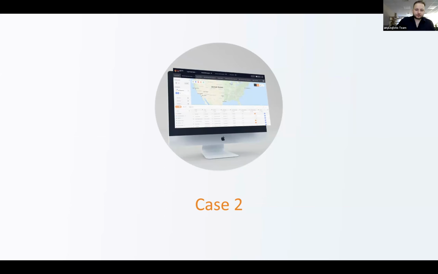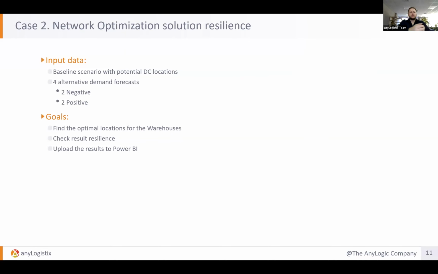In the next practice exercise, we'll consider a network optimization experiment, and we'll do the following. Imagine that we have a prepared supply chain structure with the potential distribution center locations, and we want to find the optimal locations for different regions.